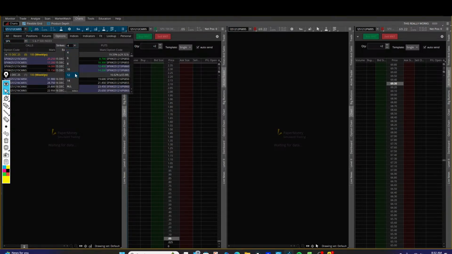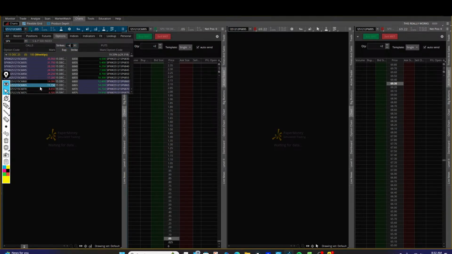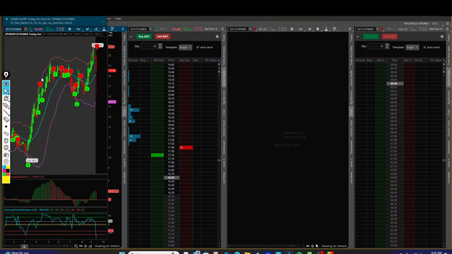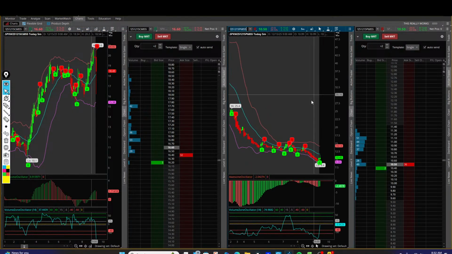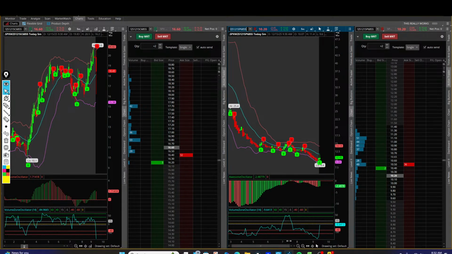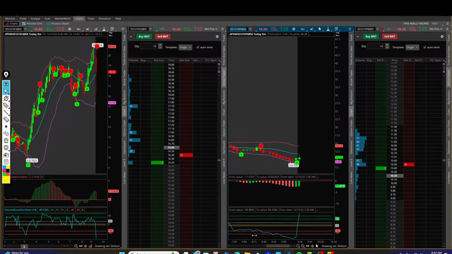And I like to see 14 strikes. Now to be at the money, it's the first purple bar. We come over here, right across from that, the puts side, at the money. And I like to spread this out just a little bit so I can see it good.